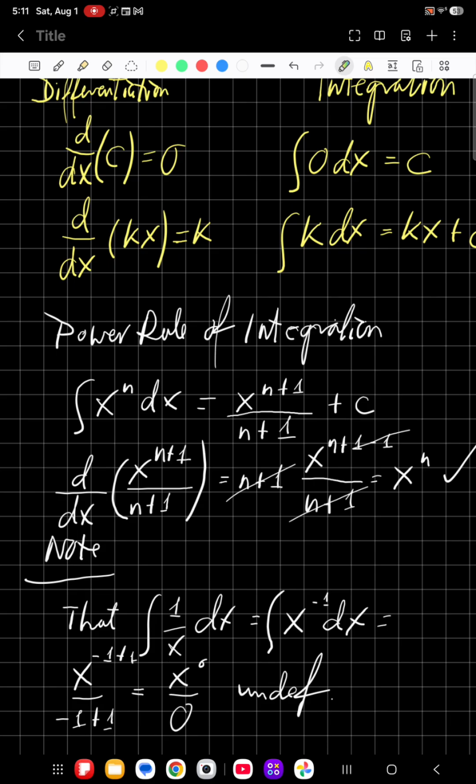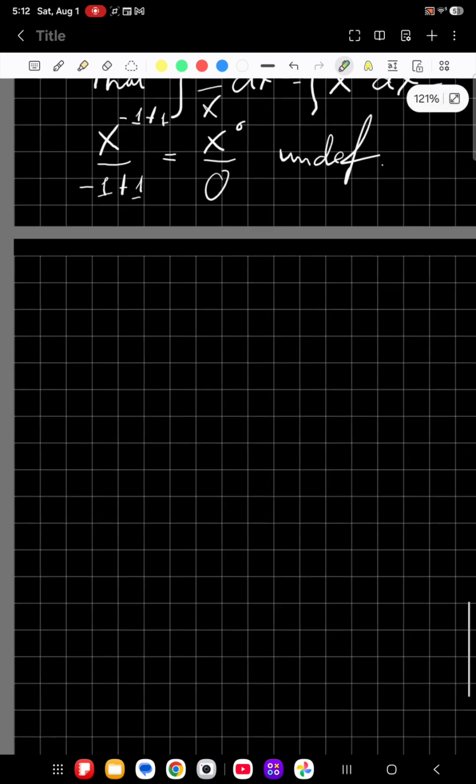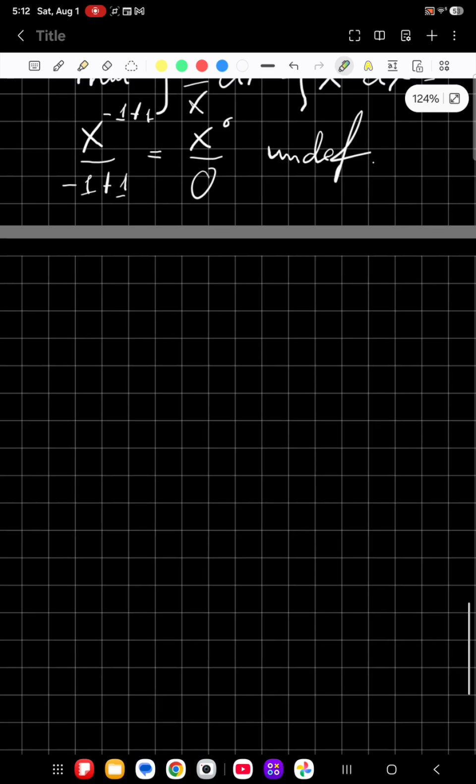Okay, so let's just do more examples, and then I'll give you a bunch of practice problems, and that will be it for the first section on integration. All right, so example 5. I don't know if that's right, but that's what I have here.